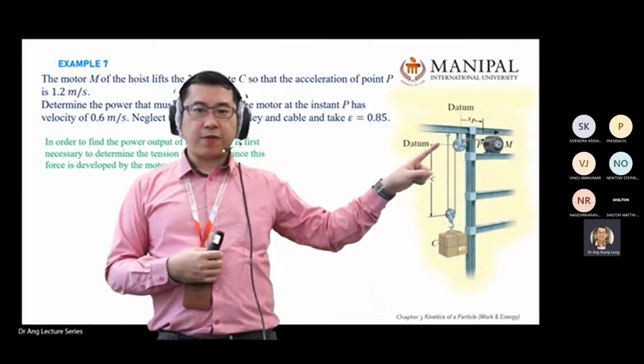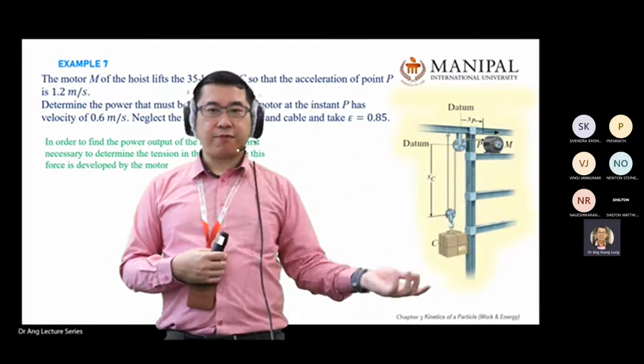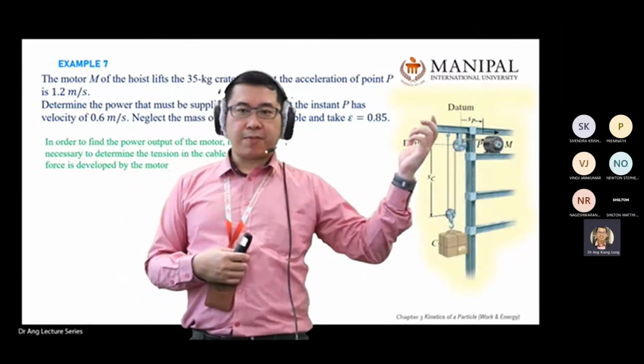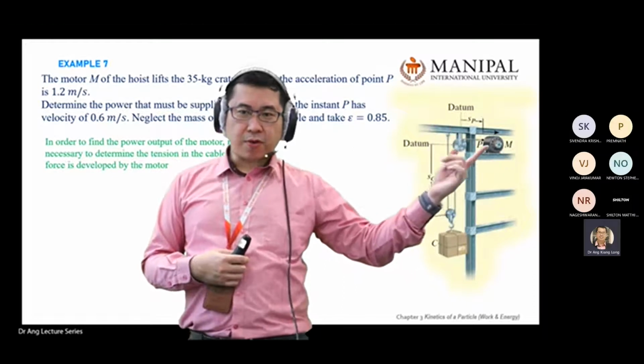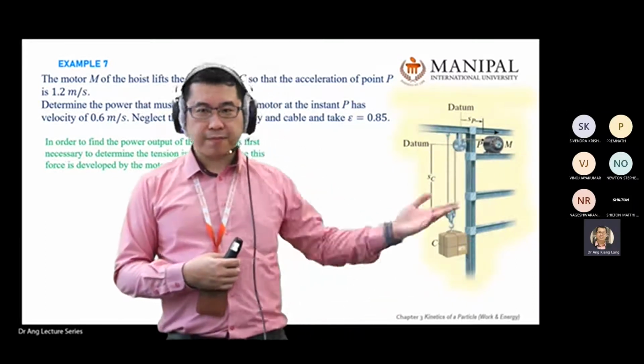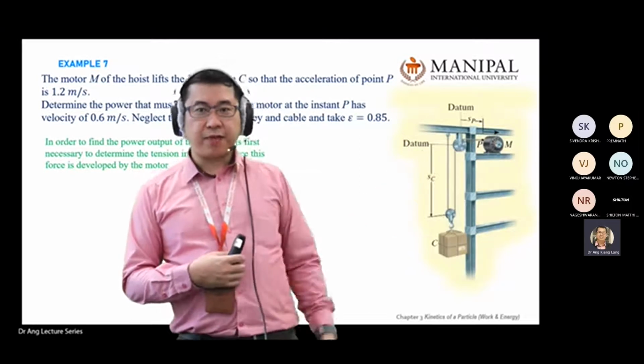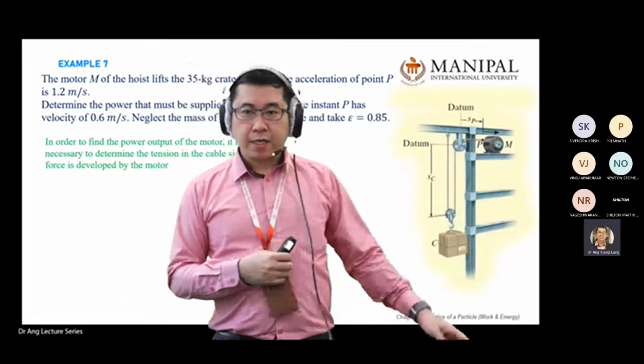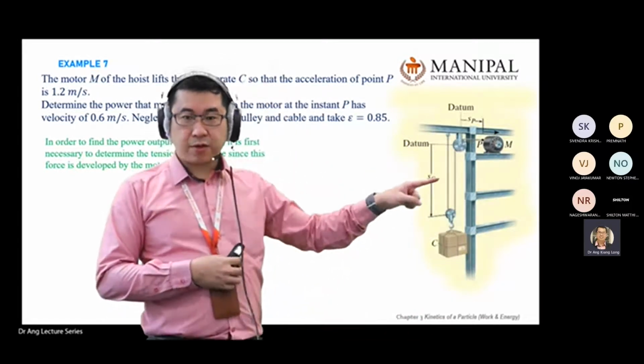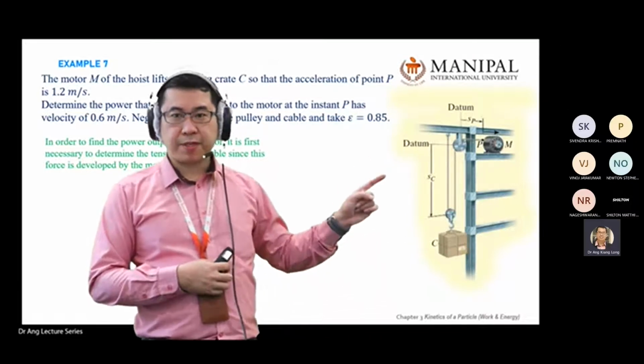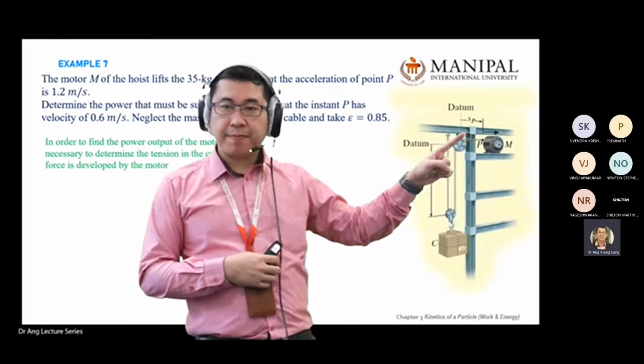When we talk about power, it is usually linked with efficiency, so it talks about your motor power in watts, or sometimes with efficiency. You have all the parameters that you are familiar with from the previous chapter, for example, the datum.